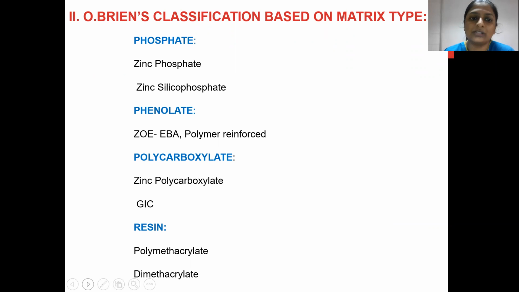The next one is a polycarboxylate matrix, which is zinc polycarboxylate, and then the other example is GIC, our glass ionomer cement. Then you have the resin, which is polymethacrylate and dimethacrylate. So once again, we looked at Craig's classification and O'Brien's classification. O'Brien's classification was based on matrix: phosphate, phenolate, zinc polycarboxylate, and resin.